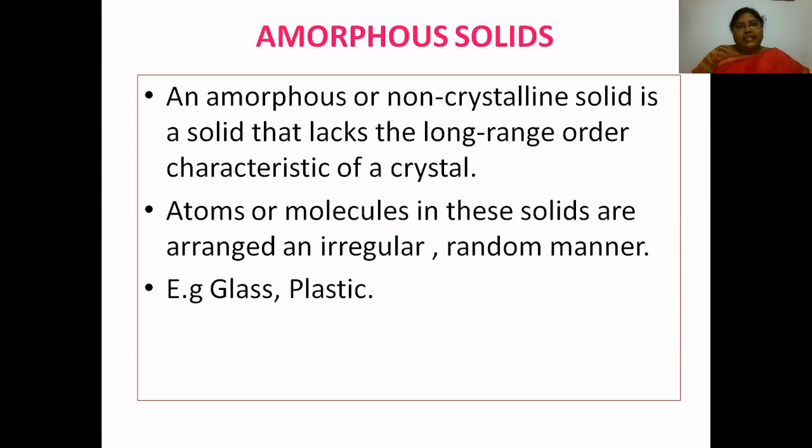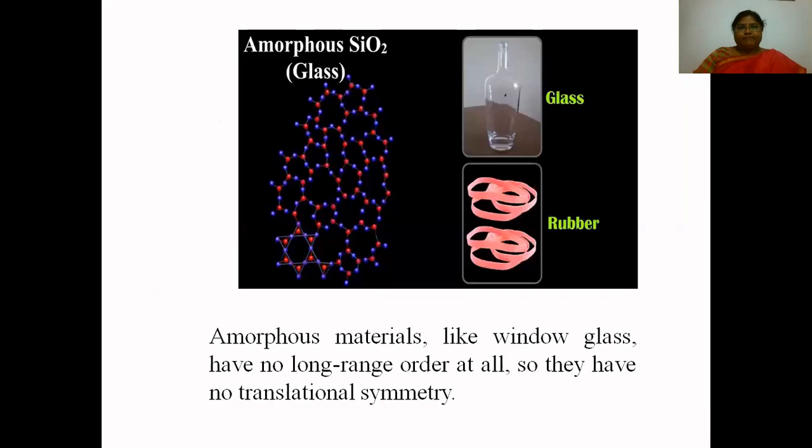Examples are glass, plastic, soot, talcum powder, etc. These are the examples: glass, rubber. Glass is nothing but silica, SiO2. Amorphous materials like window glass have no long range order at all, so they have no translation symmetry.